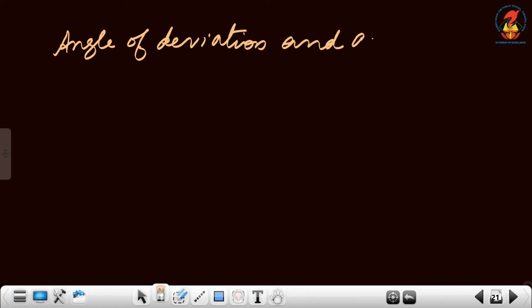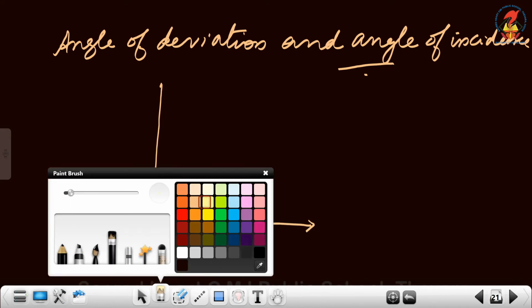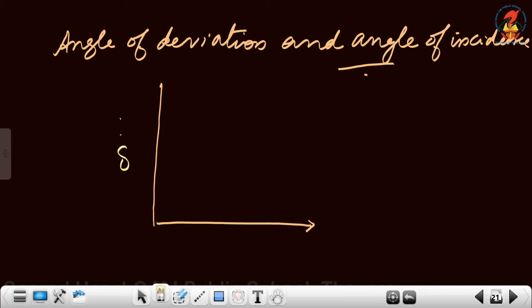and angle of incidence. Okay, we are going to draw a graph relating angle of deviation and angle of incidence. And when you draw the graph, you will obtain a shape like this.